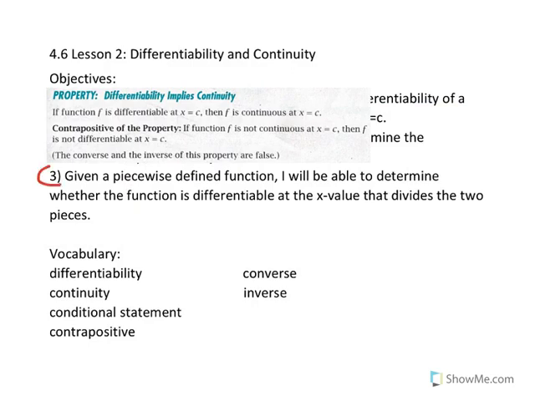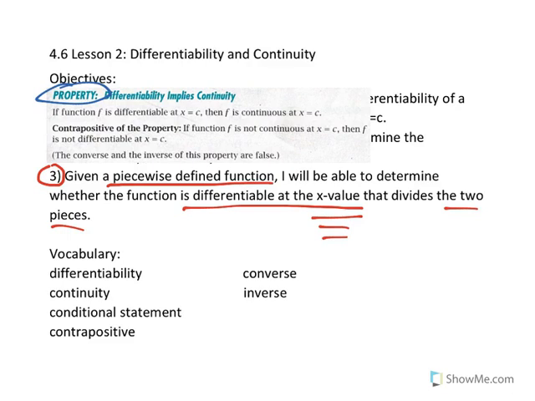Today's example will look at Objective 3. Given a piecewise defined function, you'll be able to determine whether the function is differentiable at the x value that divides the two pieces. And when we look at our example for today, we will be using this property to help us with it.